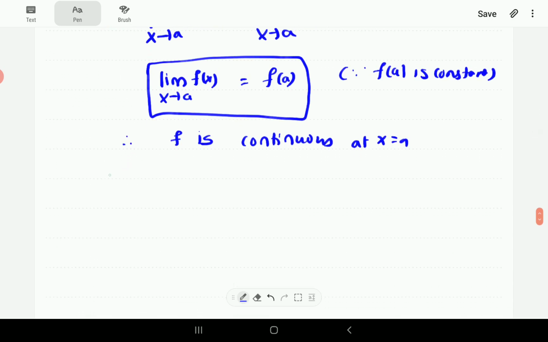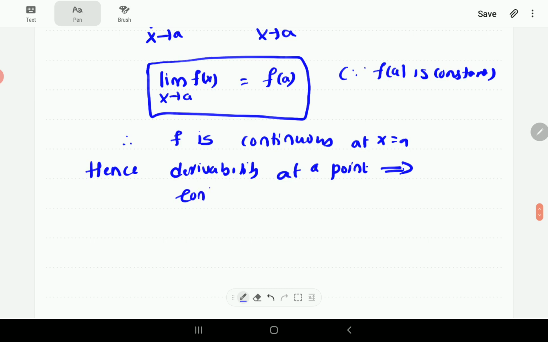So hence the theorem says derivability or differentiability at a point implies continuity at that point.